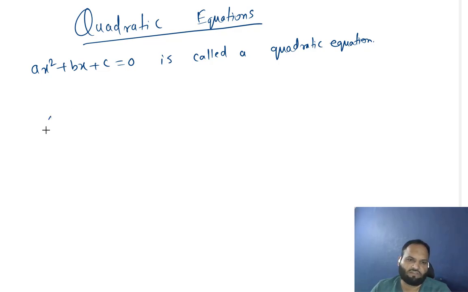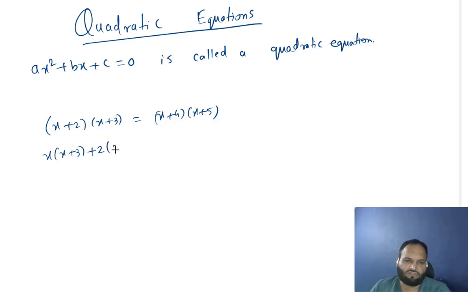For example, if I say (x plus 2)(x plus 3) is equal to (x plus 4)(x plus 5). Directly from seeing it you cannot say that it is a quadratic or not, so you have to solve it. So you get x(x plus 3) plus 2(x plus 3) is equal to x(x plus 5) plus 4(x plus 5).